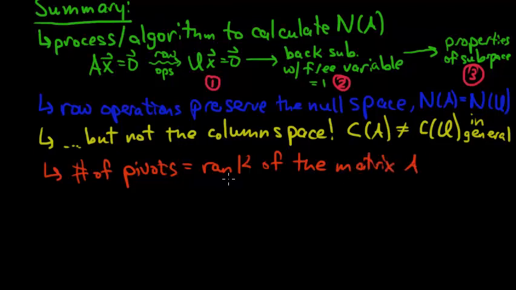When we say the rank of the matrix A, we just mean the number of pivots, and sometimes we just write rank of A. Sometimes we'll just use R or R of A or some combination thereof. This is also equal to the maximum number of independent columns.